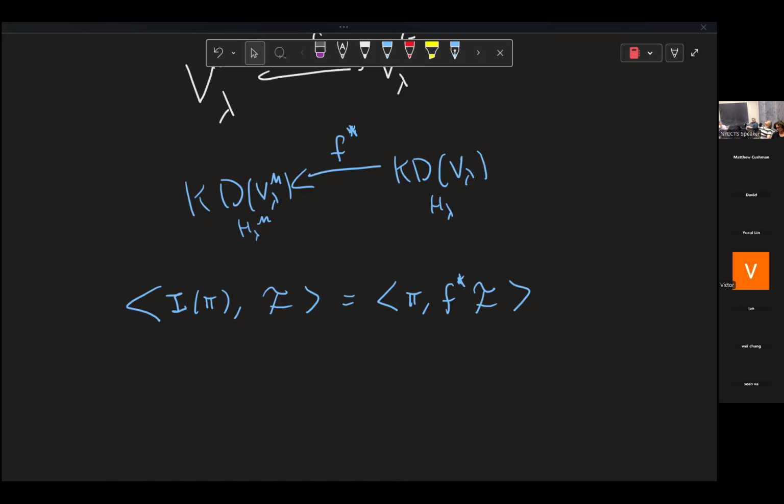Because a lot of this perverse sheaf stuff and the intersection cohomology is very much about that type of stuff. And the people that made this, like Goresky and MacPherson, were thinking very much about classical intersection theory. So I would bet that there's something like that under the hood, but it's just not apparent. Okay, thanks.